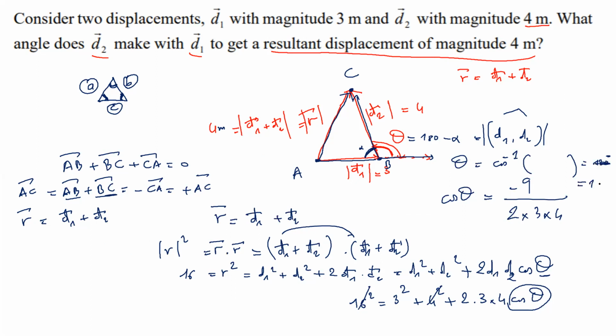So this theta is 112 degree. And this theta is here. Okay, 112. So theta is 112. So that means what is this angle alpha? Will be 180 minus 112. Okay, so it will give you 68 degree.